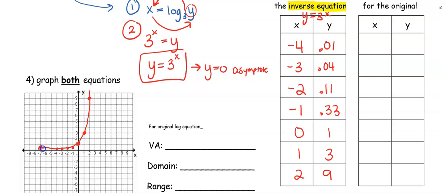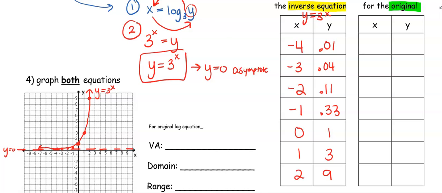So it makes sense that we have this asymptote here at y equals 0. I'm also going to label this on my graph so that I don't forget which one is which. So since maybe not all of us have the ability to enter the log into our calculator, we found the inverse equation. So now we're going to find the t-table for the original.